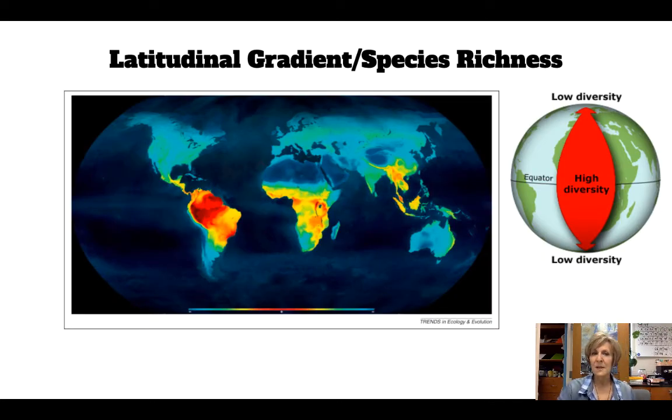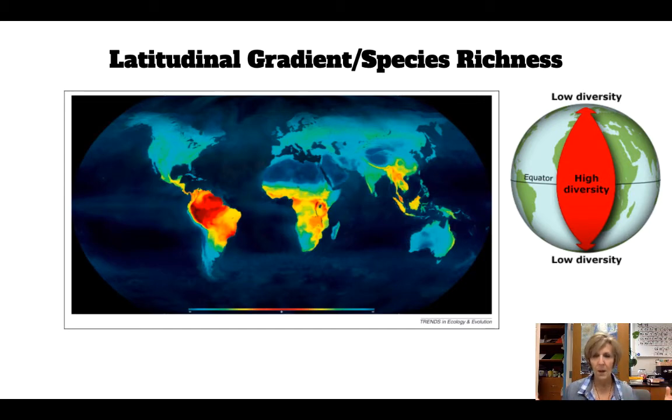So another term that's important: latitudinal gradient and species richness. So easy to remember this one. We have a higher species diversity around the equator, which decreases to lower diversity toward the poles. That has to do with the intensity of the sun at the equator, the levels of photosynthesis.